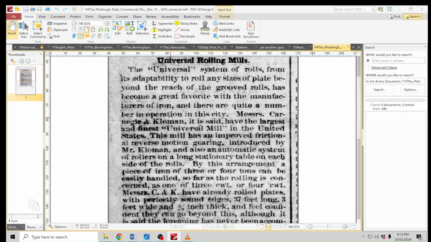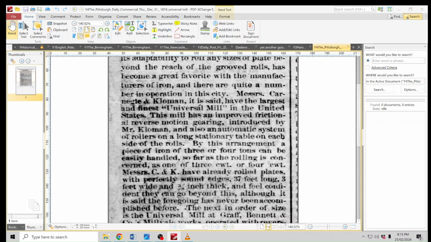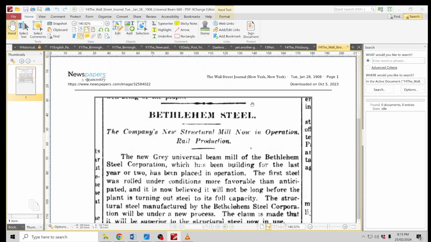And there are quite a numerous amount in operation in this city. Carnegie and Clonman, sorry if I didn't pronounce that right. It is said to have the largest and finest universal mill in the United States. That was an interesting snippet from an old newspaper article I found.